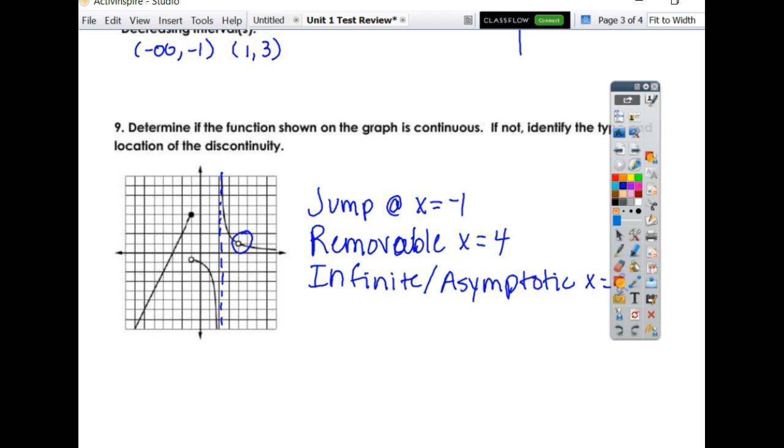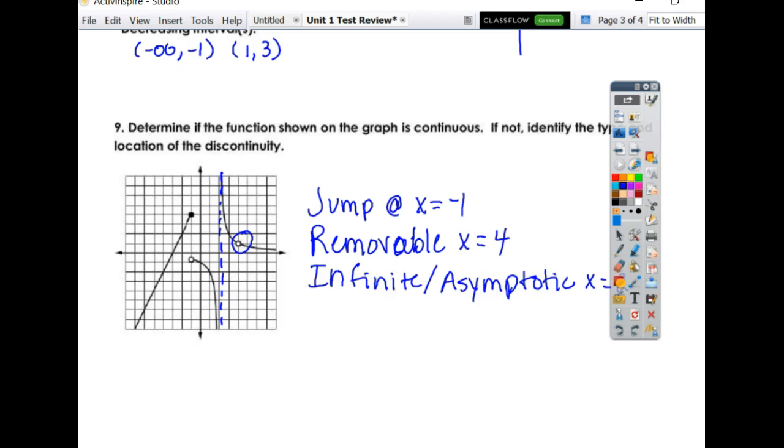So, I had 3 kinds of discontinuity. I had jump right here, and you have to name where it is. It's at x equals -1. There's an asymptote here at x equals 2. And I have removable at x equals 4.